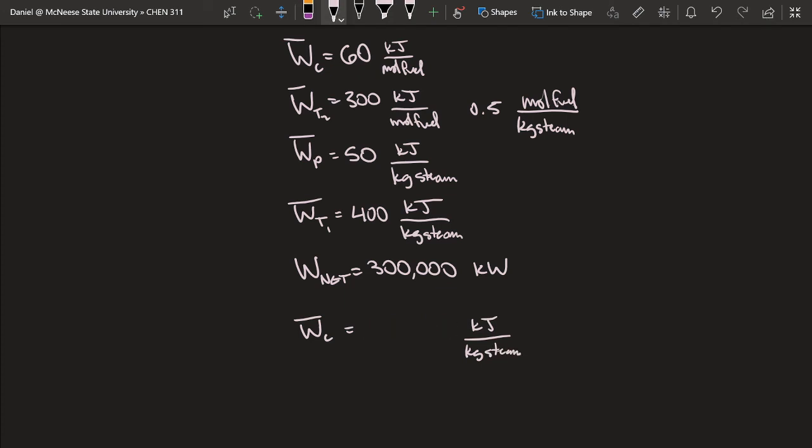So, 30. I'll keep it there. And the work of the turbine, same thing, that equals 150. So now we have that all in kilograms of steam.